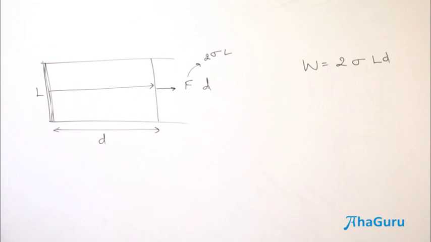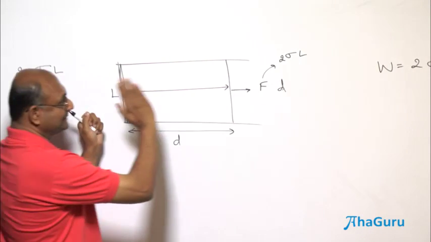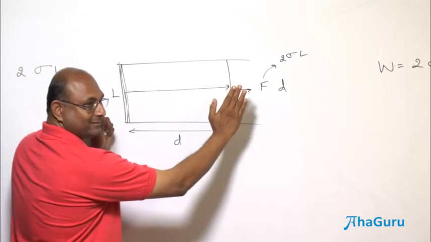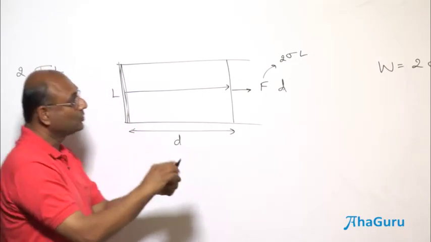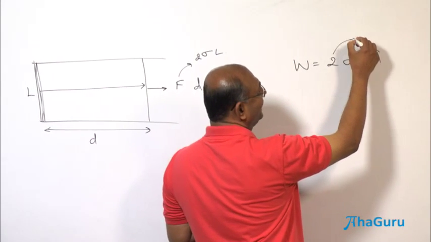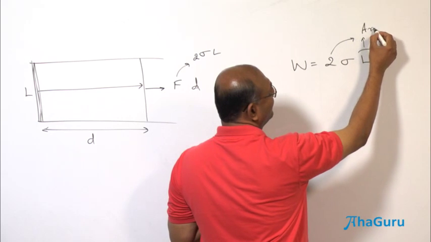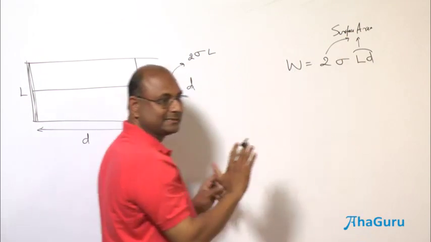Area, but no, it is not the surface area. Because if I pulled it like this, remember there's going to be a surface created on this side of LD and on that side of LD. So 2 times LD together is the total surface area.